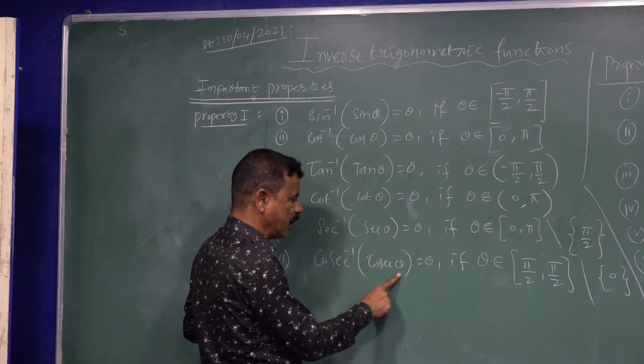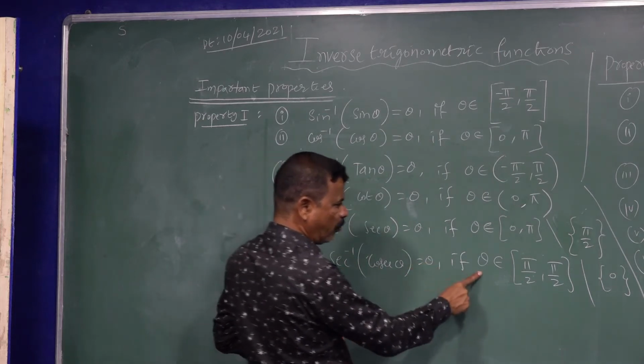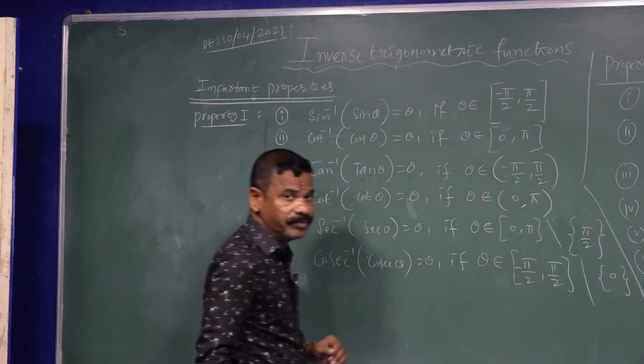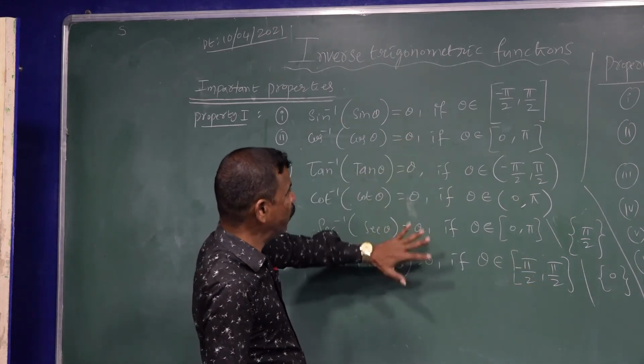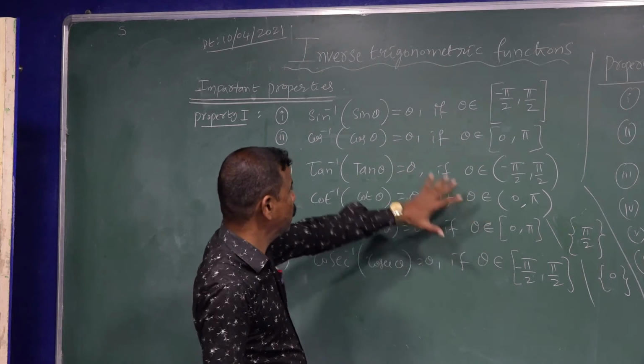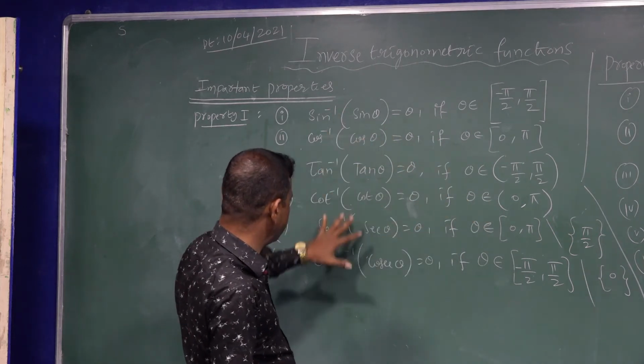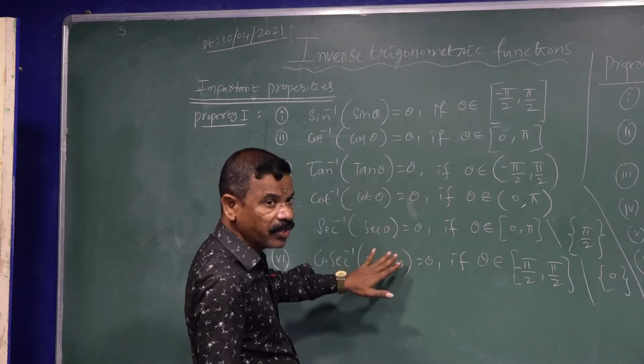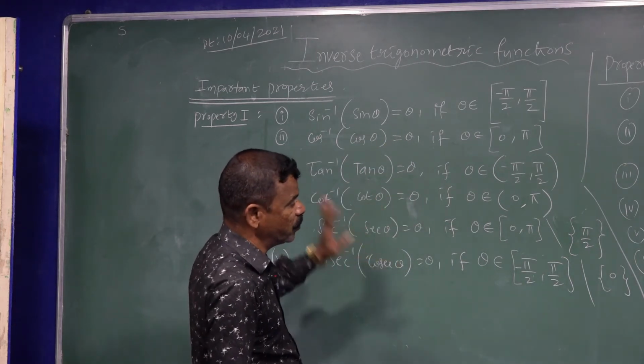Cosec inverse of cosec theta is equal to theta if theta belongs to minus 90 to plus 90. These are the domains. In this domain, these inverses are equal to theta. These are the existing formulas, existing values.